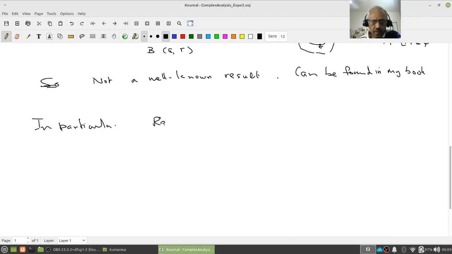So in particular, recall the Cauchy integral formula. What does it say?